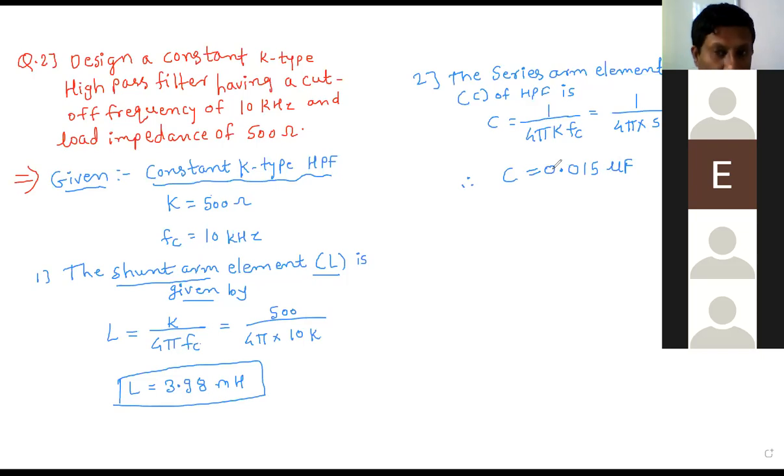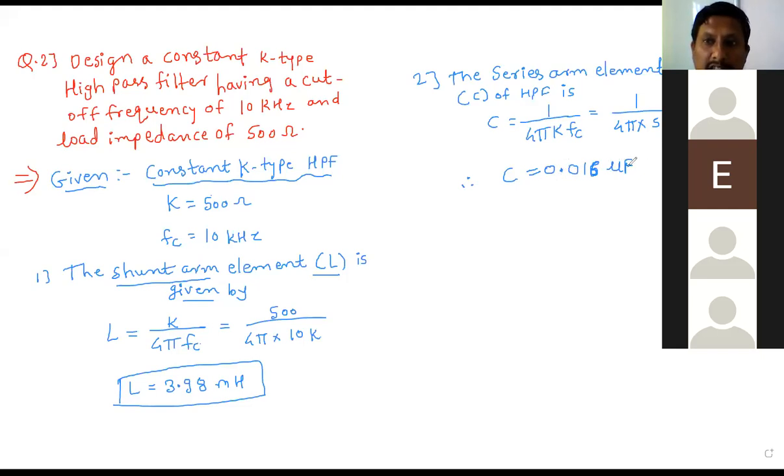Microfarad, yes, 0.015. 15.9 nanofarad, that is also acceptable. So 0.0159 is there. So we can take 0.016. 159 means the left hand side digit will upgrade.